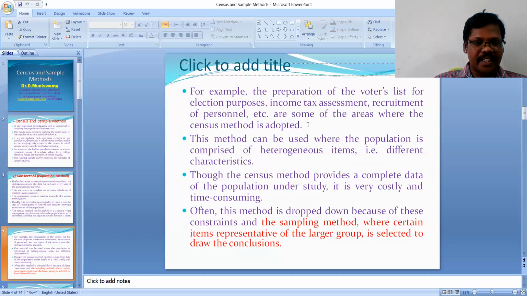And if the population has homogeneous items, that is, the same characters, then the sampling method is enough for the study or for the conclusion.